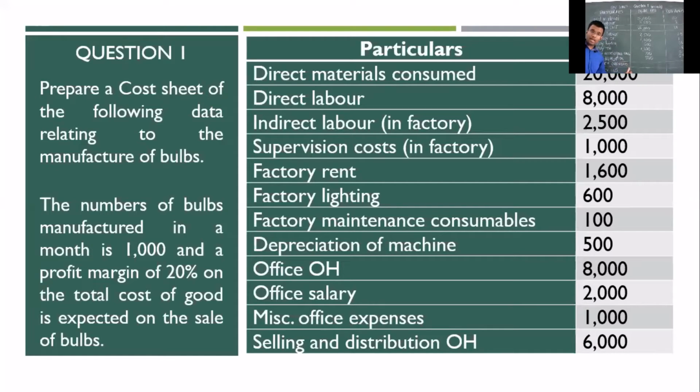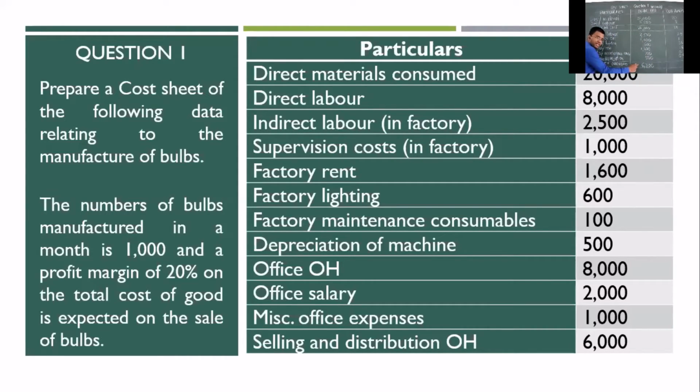My total factory overhead is the sum total of my indirect factory material, indirect factory labor, indirect factory expenses, which means the total that I'm getting over here is a sum total of these 6 items. So my factory overhead total here, let's just quickly work out the math. This will work out to be 6,300.